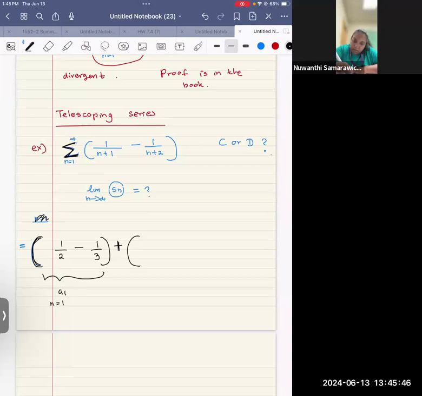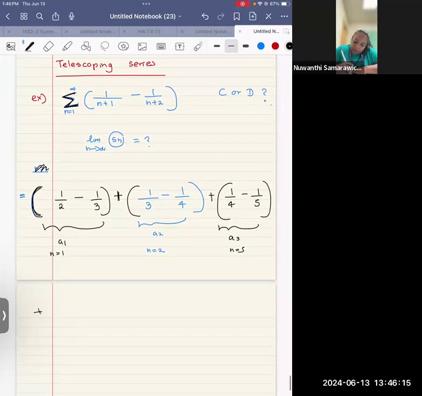The second term, when n is equal to 2, is 1 over 3 minus 1 over 4. Your third term is 1 over 4 minus 1 over 5.